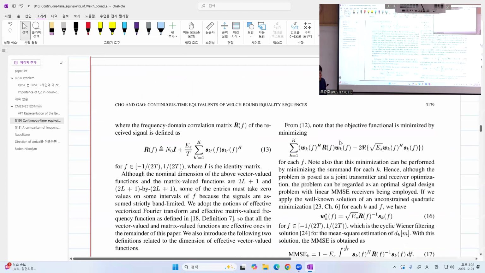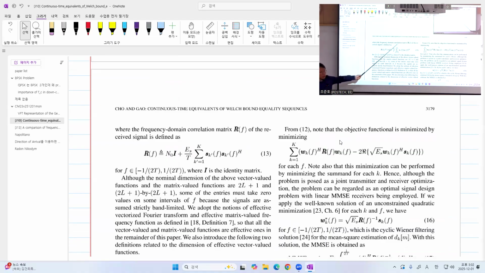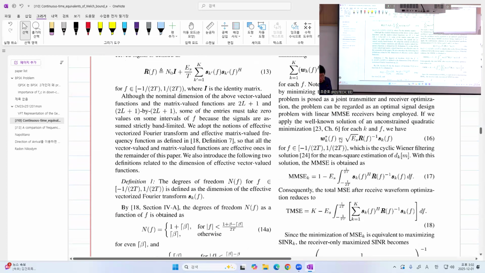Okay, where it is. By the way, this is nothing but the 2004 paper extended with K signals. So the procedure is almost the same.